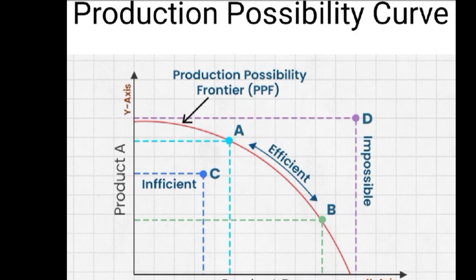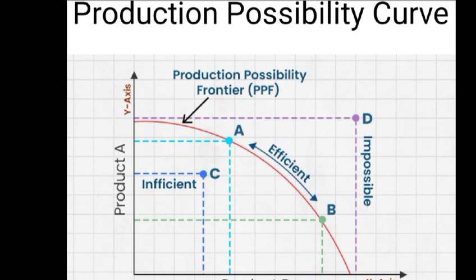Similarly, if the producer chooses the possibility of point C, it is known as an inefficient level. That is, the producer has not fully used the resources for the production. Suppose the same producer is using the resources beyond the line AB, that is point D, that is impossible to attain with the available resources.